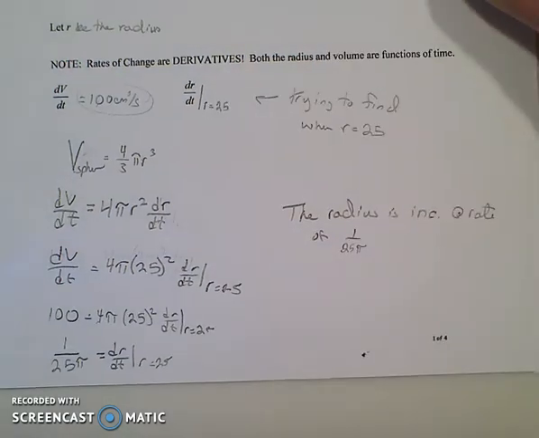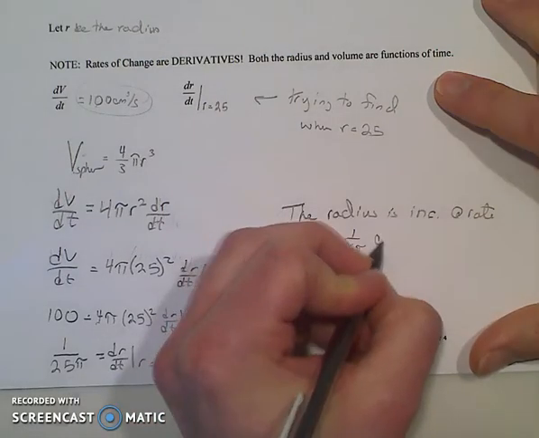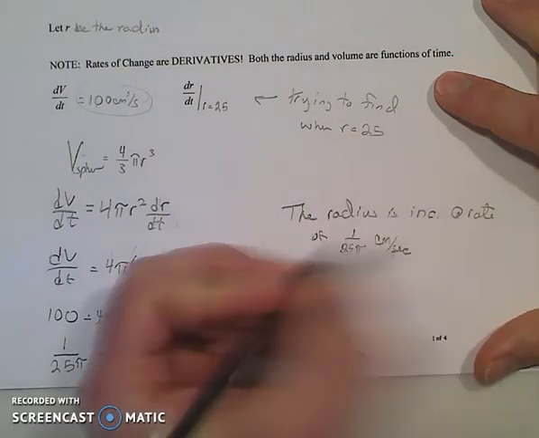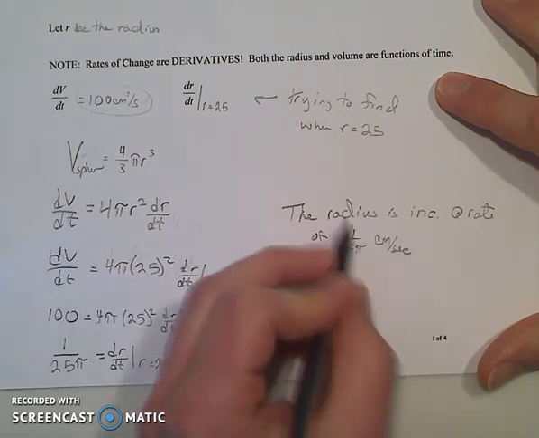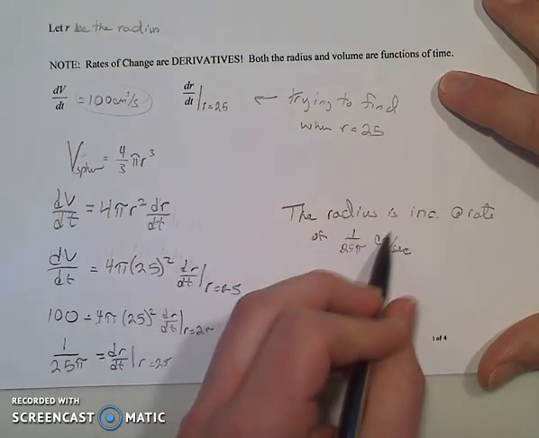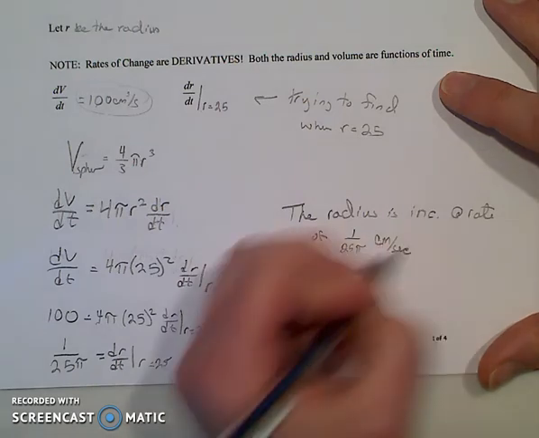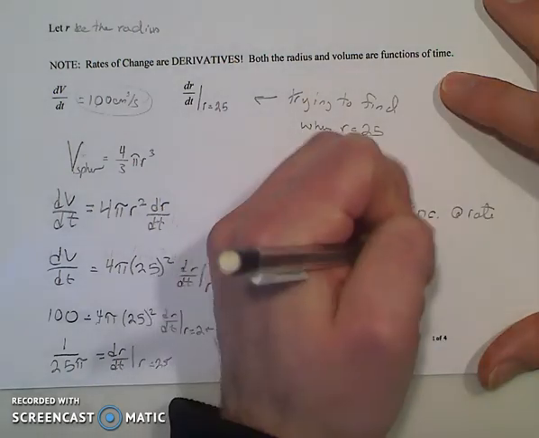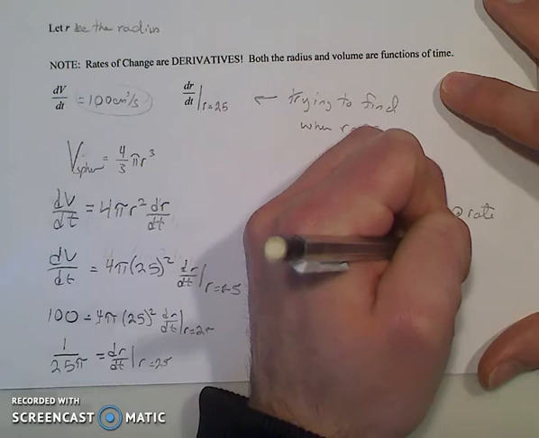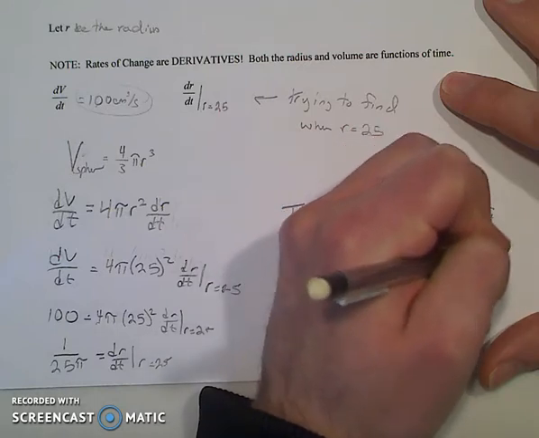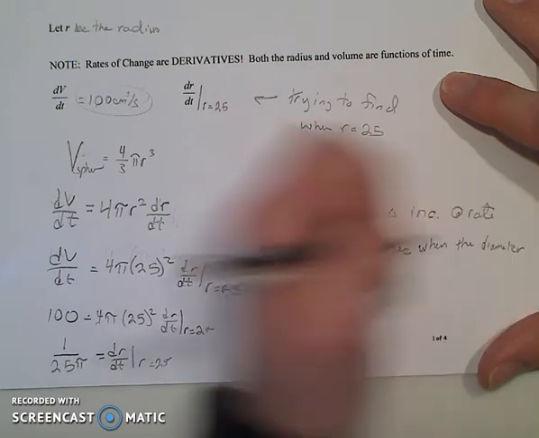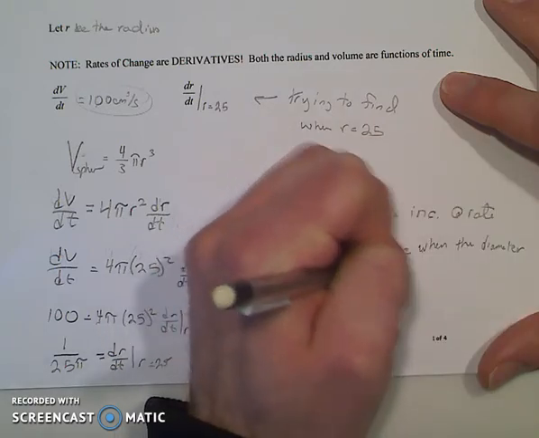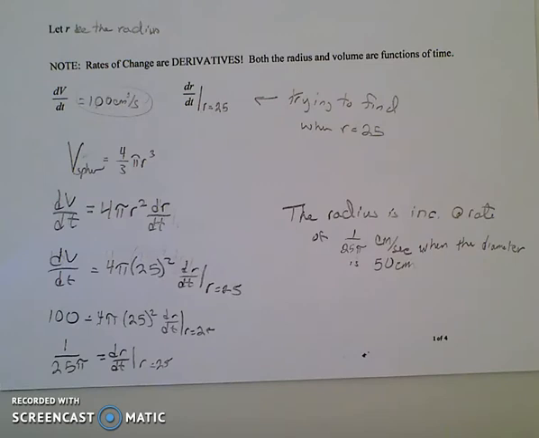We got centimeters per second. So centimeters per second. And the radius is increasing, so there's no squared or anything there. Per second, done. Well, when the diameter is 50 centimeters. And that's how we would write it out.